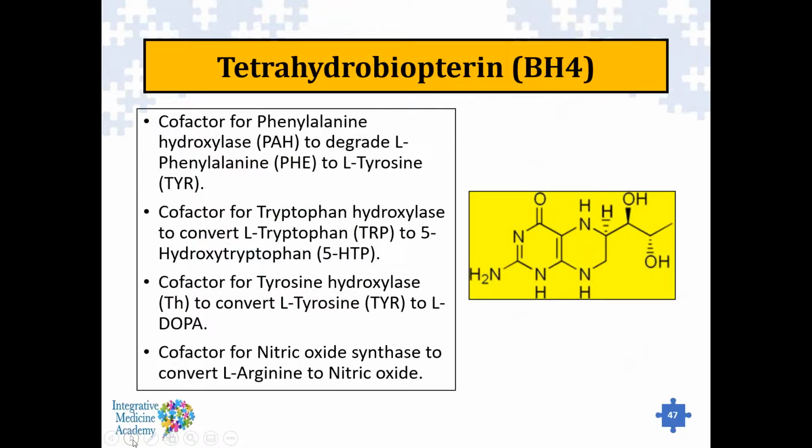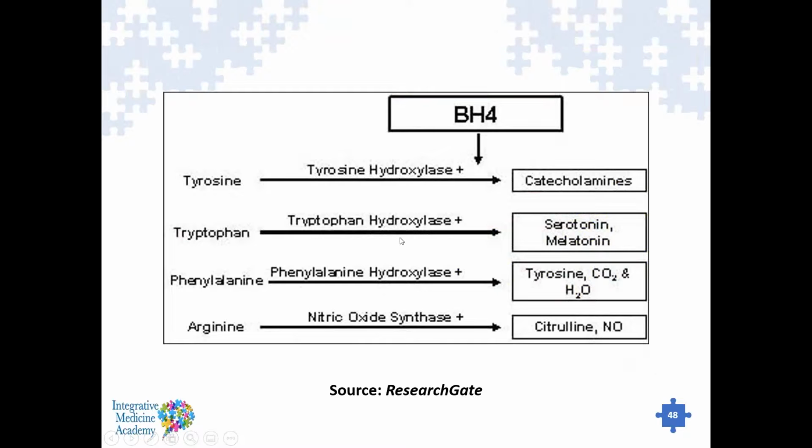And tryptophan hydroxylase converts tryptophan to 5-HTP. So here's just another graphic representation of this. Tyrosine to catecholamines, dopamine; tryptophan to serotonin, melatonin; phenylalanine to tyrosine. This also has a relationship to citrulline and nitric oxide.